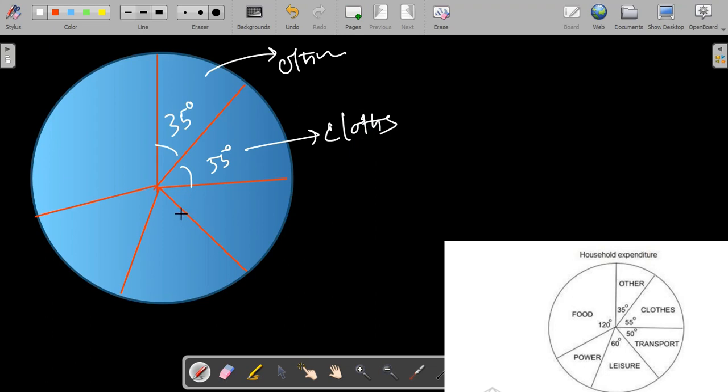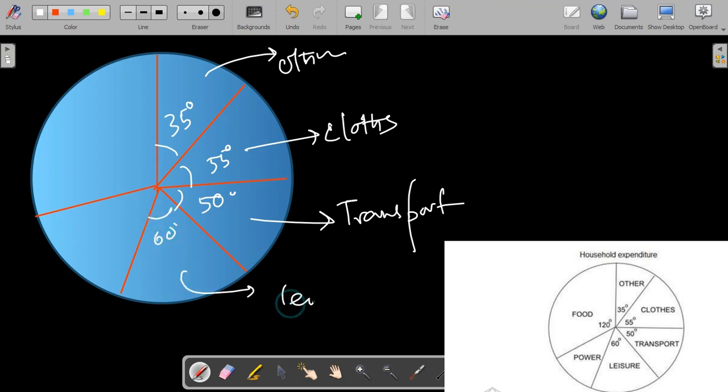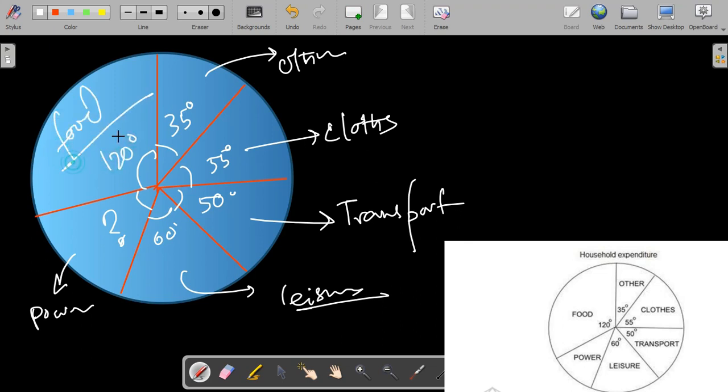Here it's written transport, and the angle is 50 degrees. The next one is written laser. The next one is power consumption, where the angular value is not written. And here is a bigger value, 120 degrees, which is for food.